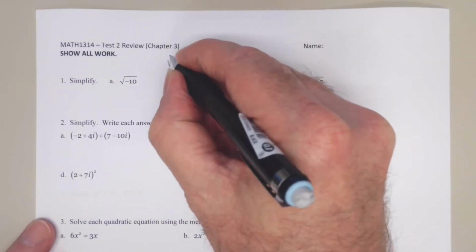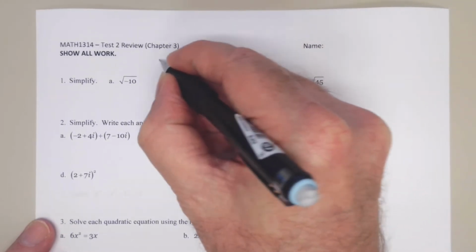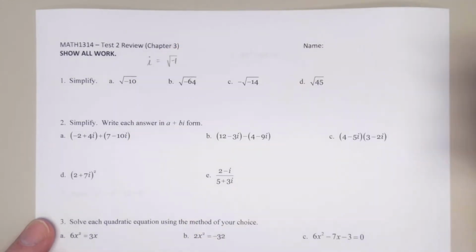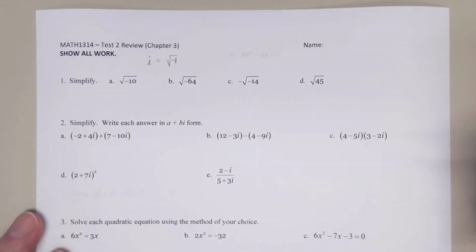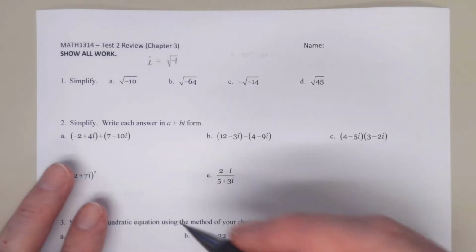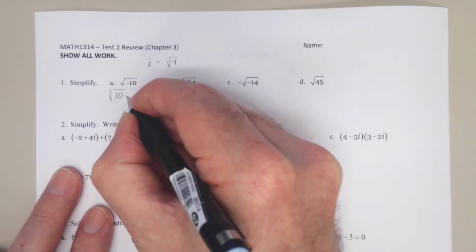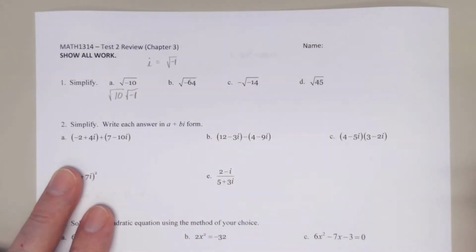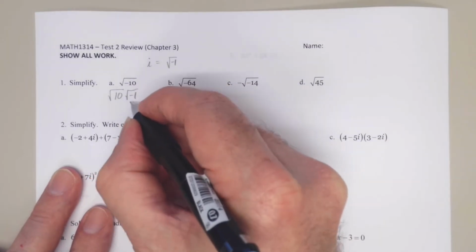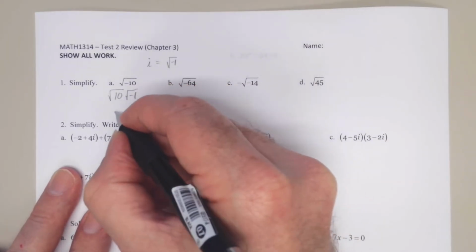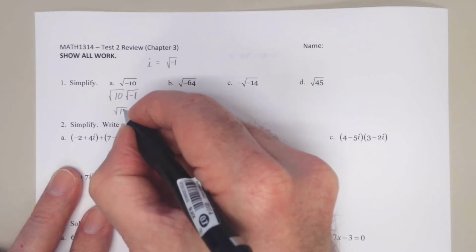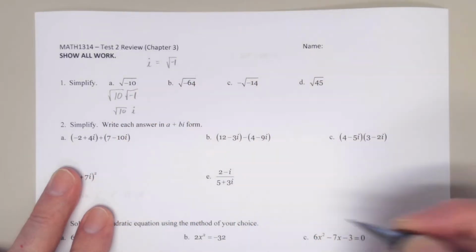We want to remember that the square root of -1 is what we refer to as i, the imaginary unit. And so we can rewrite each of these by pulling out a square root of -1, and then in this case the only thing I can do is change the square root of -1 to i.